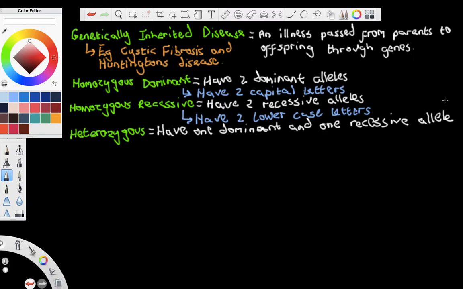What this means is that when you look at them, they will have one capital letter and one lowercase letter.